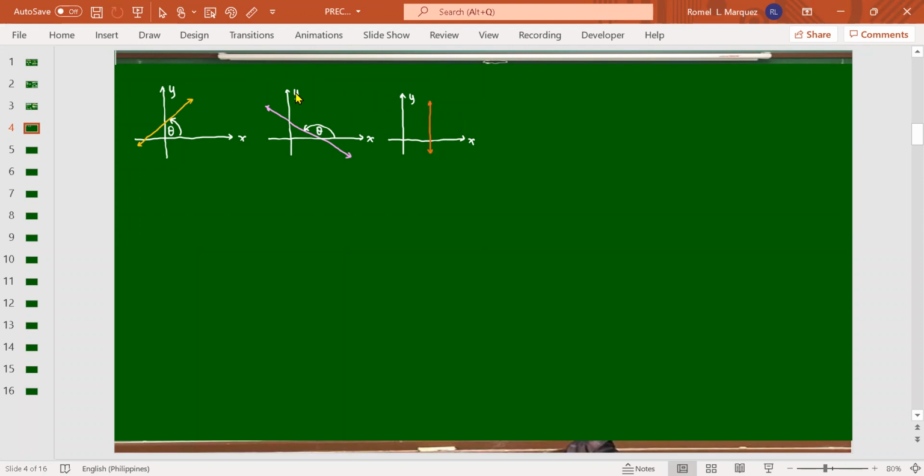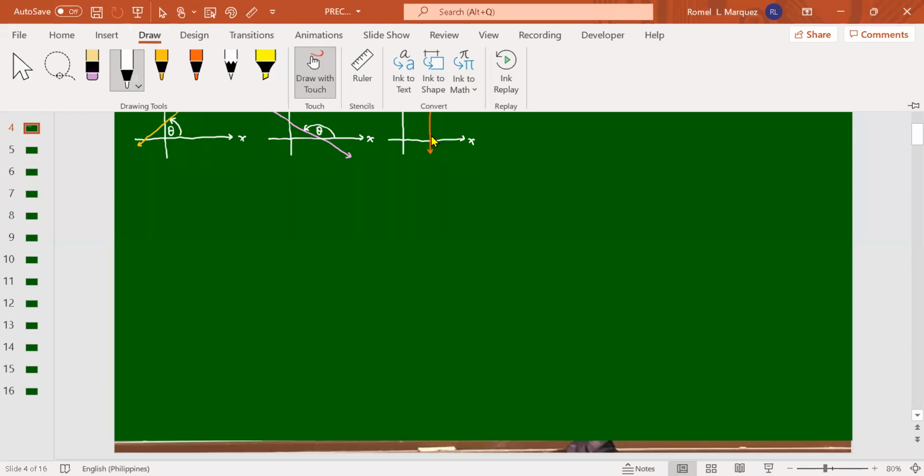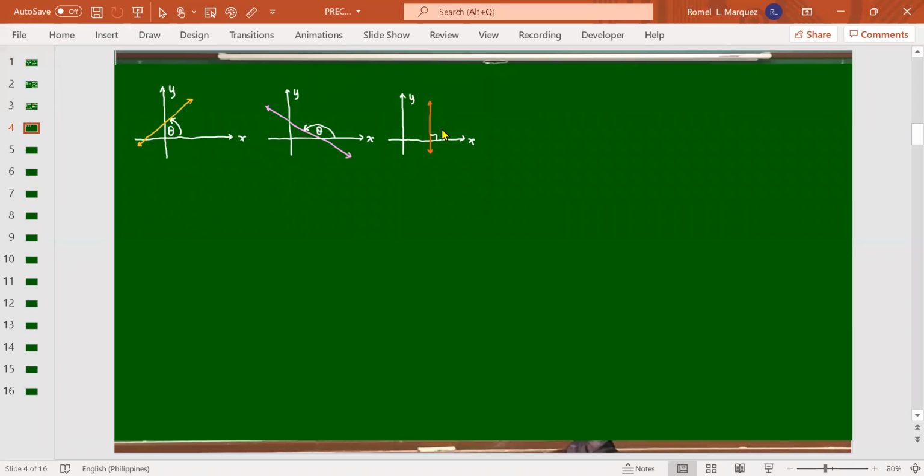So the angle of inclination is 90 degrees. Is that clear, guys? And then for the last one, of course, if horizontal, the angle of inclination is 0, not 180 degrees. We will be considering the 0. Okay, guys?